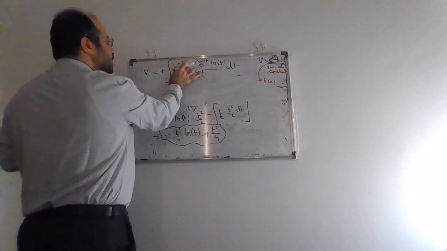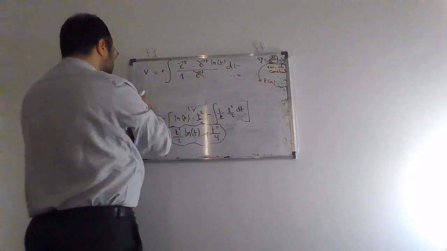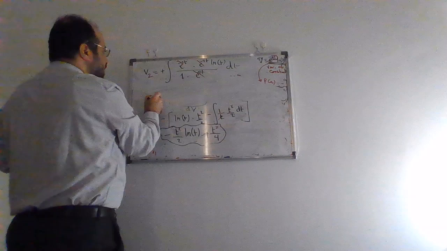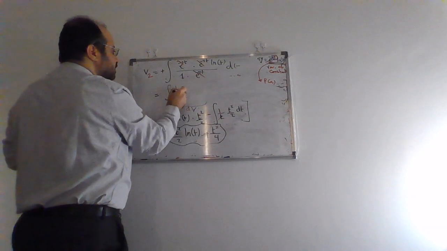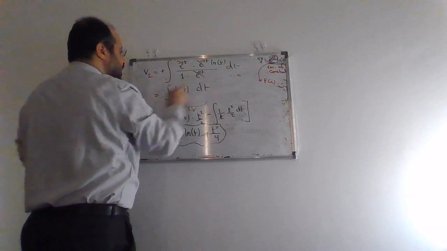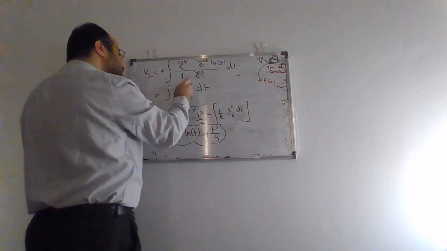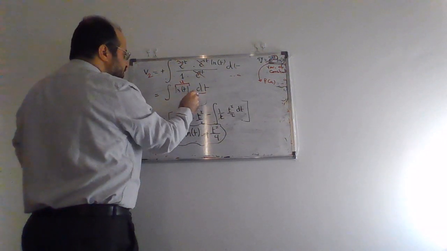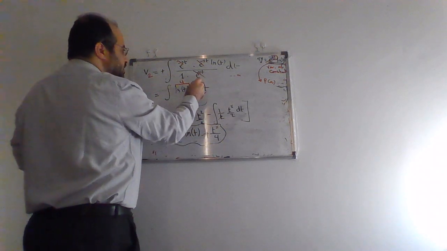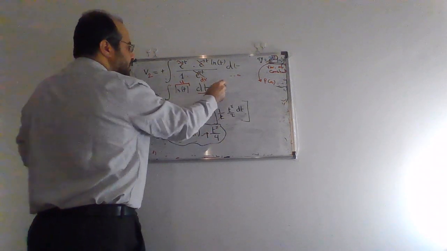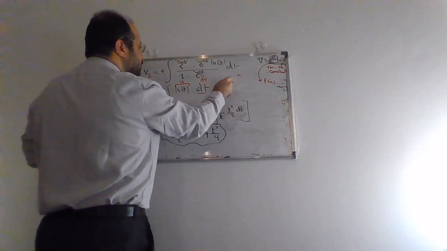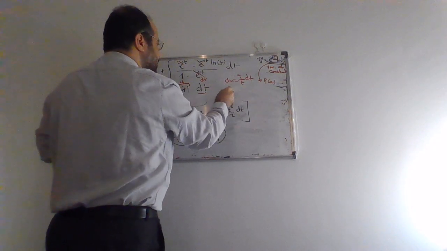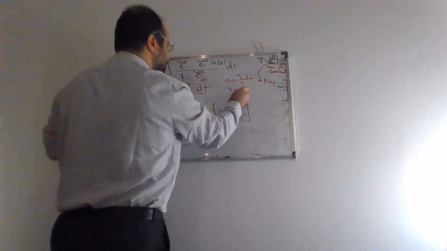So this is the y1. And now again, this cancels with that, this is v2. And in this case, I'm getting the integral of ln of t dt. Again, the logarithm is u, and the dt with the 1 here is your dv, right? And again, your du will be 1 over t dt, and the v will be just t, right?